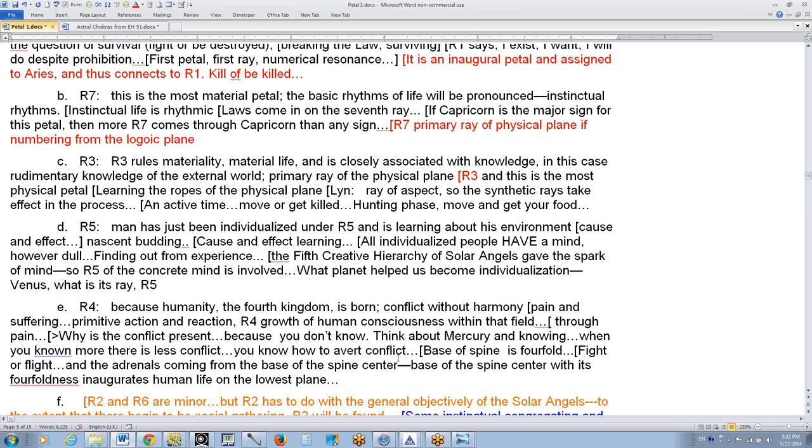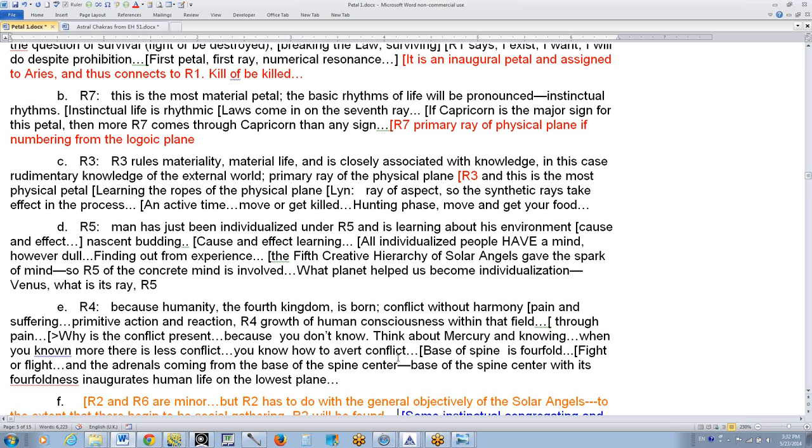The base of the spine is fourfold. The adrenal glands involved with fight or flight, that suggests the fourth ray. In one of the groups, the fourth ray rules the base of the spine, and the adrenals do come or are animated from the base of the spine center. It's forward or backward, fight or flight.